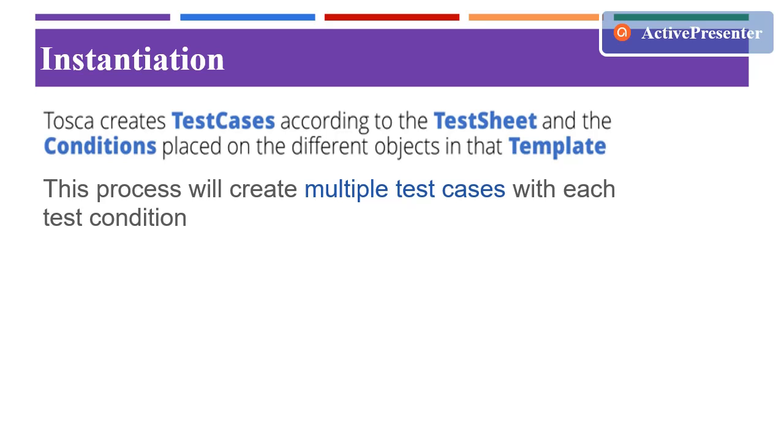That means once you map your test sheet to the template, it cannot run as a test case itself, but you need to instantiate the template so that it creates multiple test cases with each test condition that has been defined in the test sheet. Now let me walk you through the actual Tosca tool with a real-time example.